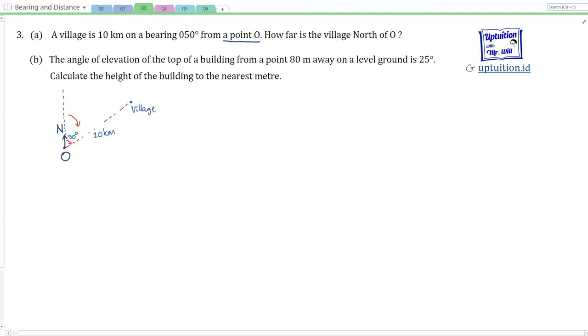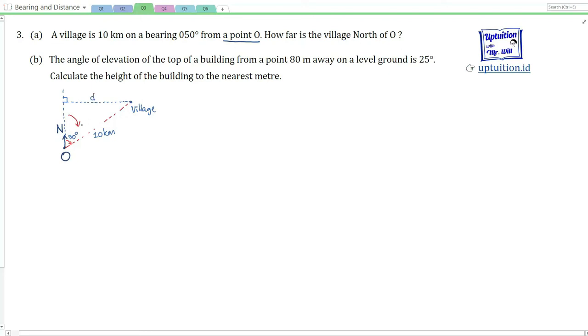We can just draw a perpendicular line to the north direction. It is asking how far the village is from north of O, so it's basically asking for this distance.